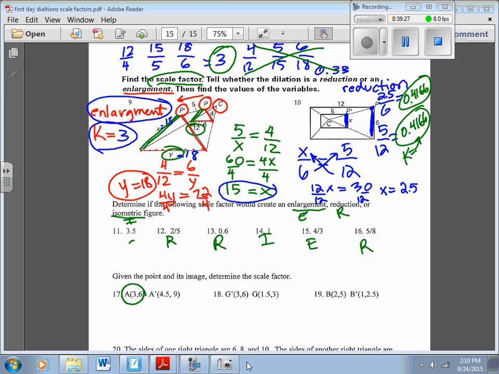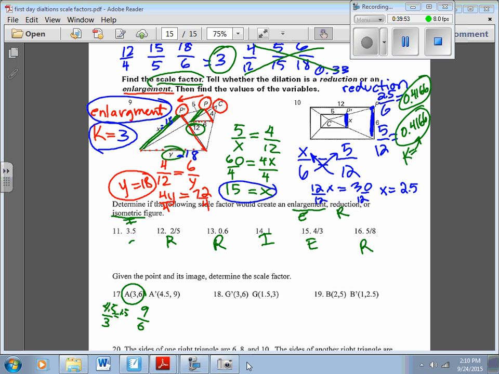All right. So if it's an enlargement, then we do the bigger numbers over the smaller numbers. What number corresponds with the 4.5? 3. So we'll go ahead and do 4.5 divided by 3. And what do you get? 1.5?